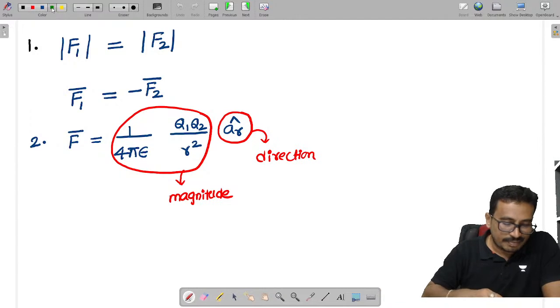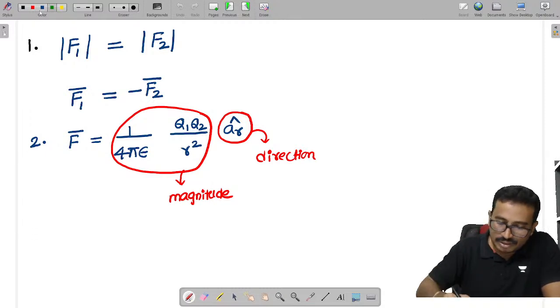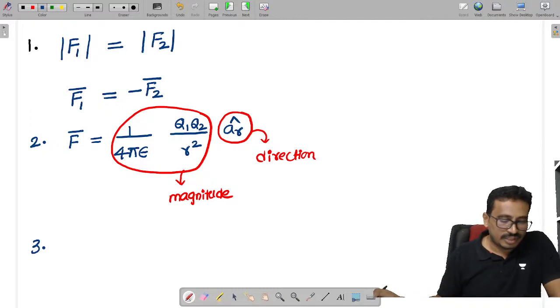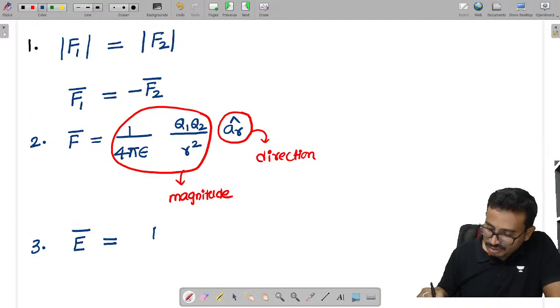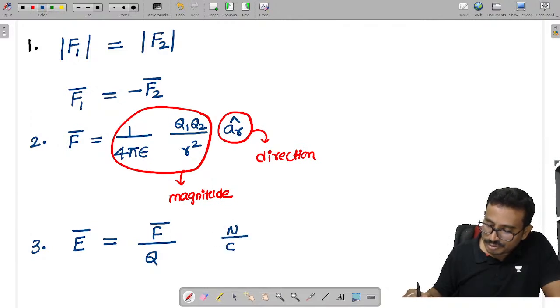Next, this is the magnitude and directions. Right, all of you. Now I am defining a term called electric field intensity. The electric field intensity E is given as the force acting on a charge, with units of newtons per coulomb.